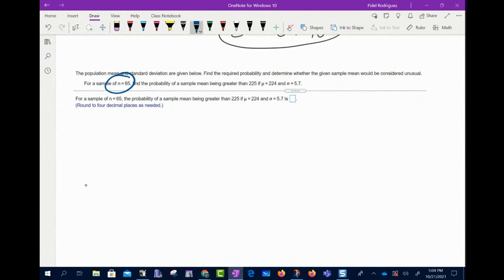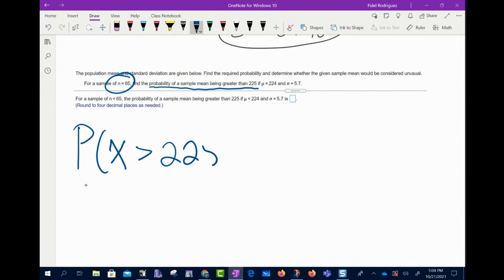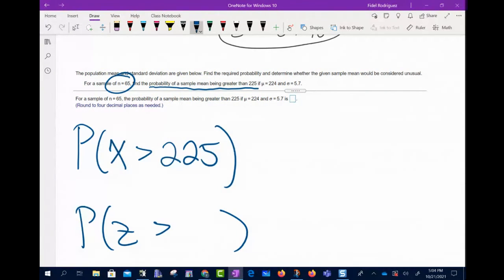Okay, so when I look at this part, it says find the probability of a sample mean being greater than 225. So what does that mean? It means the probability of x̄ is greater than 225. So again, just like we did before, we're going to convert that to a z-score. There's only a couple of things that are different.